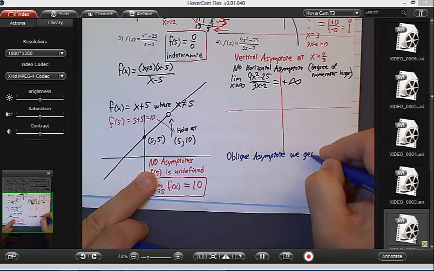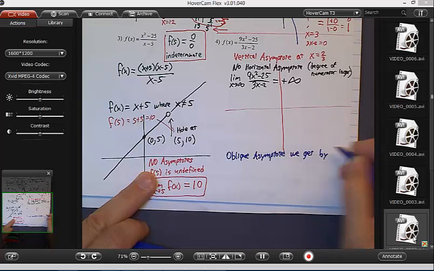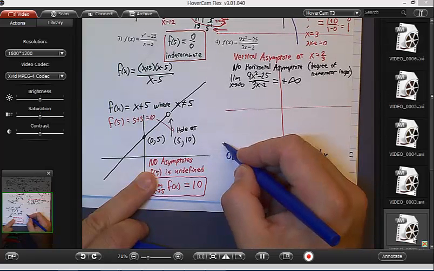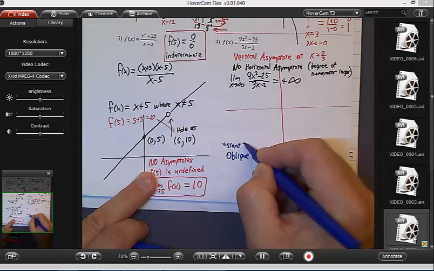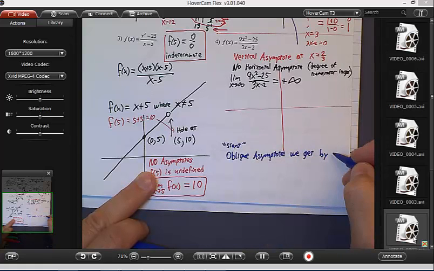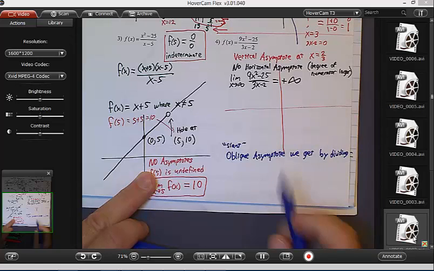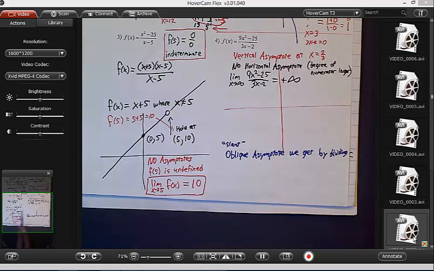It's also called a slant asymptote if you want. We get it by dividing. So all I have to do is realize that that fraction bar means divide.